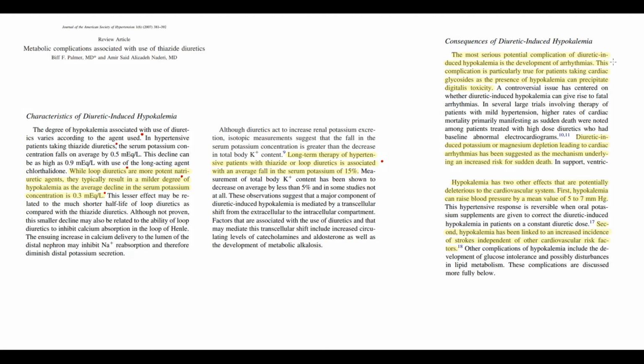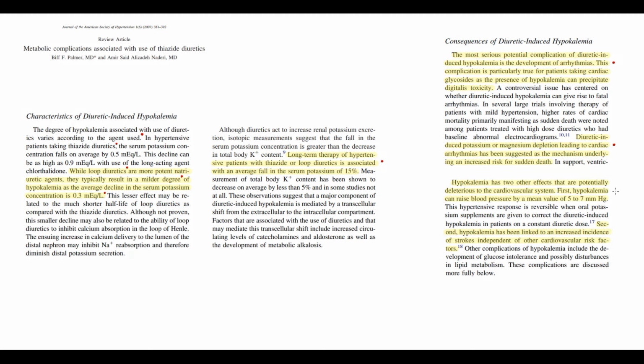The most serious potential complication of hypokalemia is the development of arrhythmias. We should be especially careful with diuretics in patients on cardiac glycosides, because they can precipitate digitalis toxicity. In addition, diuretic-induced potassium and magnesium depletion are considered one of the factors that increase the risk of sudden death, and we know that it's because they increase the risk of arrhythmias.